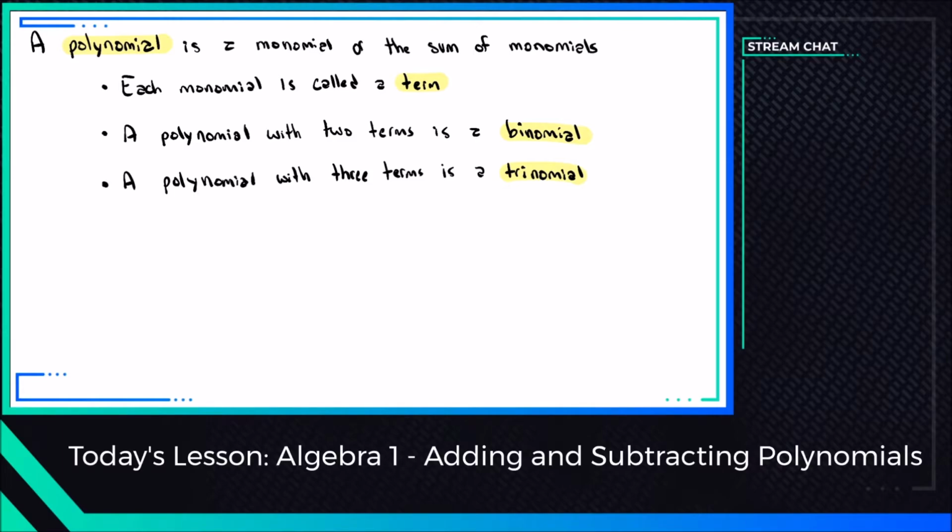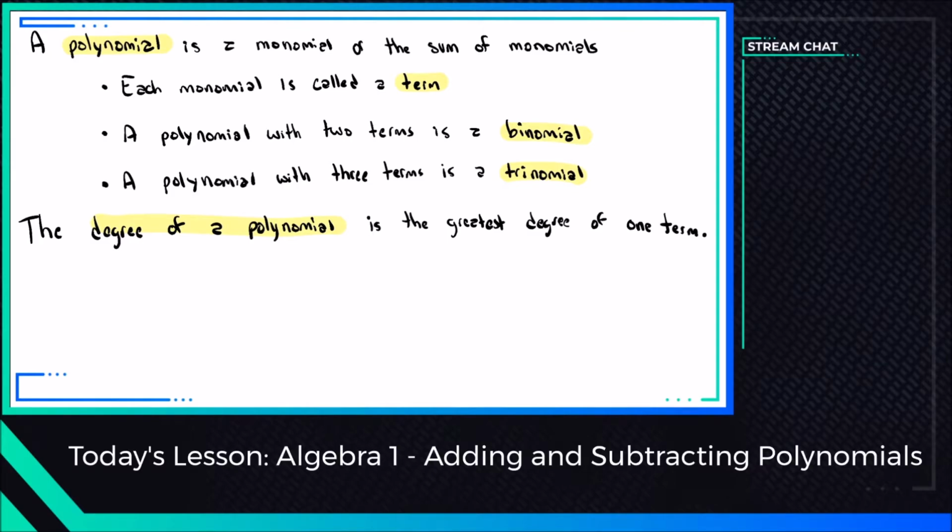And just like a monomial, every polynomial has a degree. So the degree of a polynomial is going to be the following. This is going to be a vocab word. The degree of a polynomial is the greatest degree of one term.